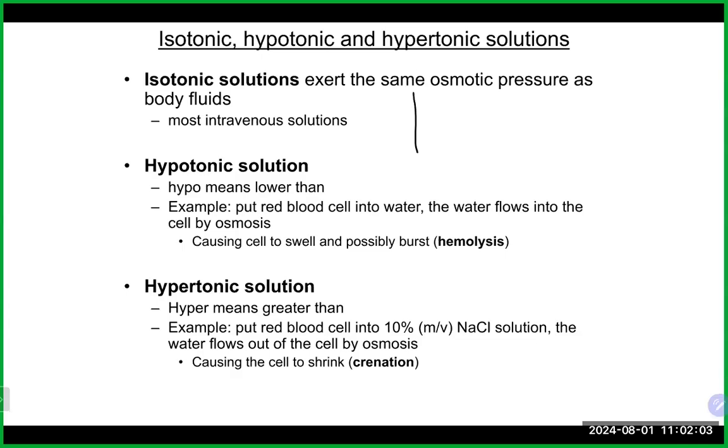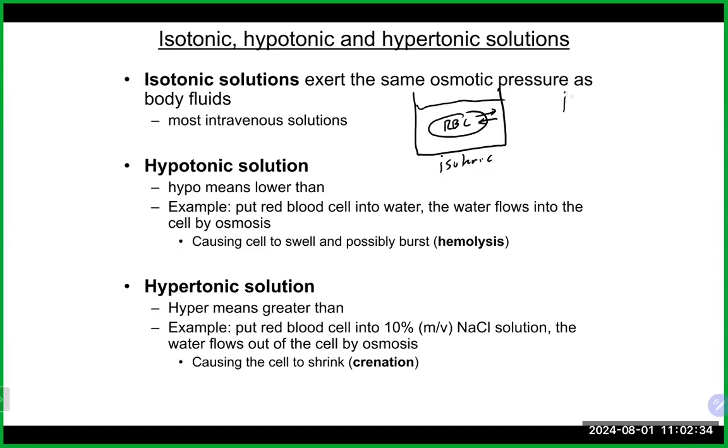If you take, for example, the classic example of this, which is a red blood cell, and you put a red blood cell in an isotonic solution, you will have basically equal flow within and out of that red blood cell, as there is a membrane just going to allow things to flow in and out, and you'll have equal flow. Everything will be good. IV solutions are typically isotonic.